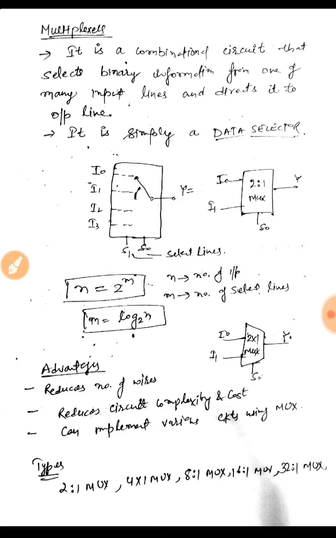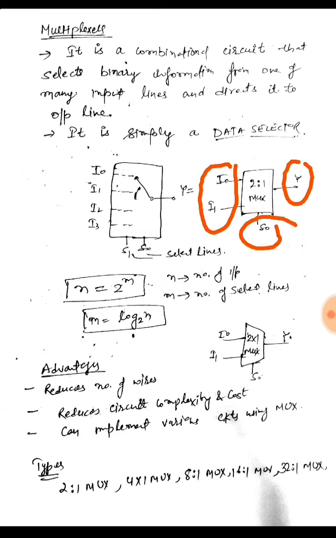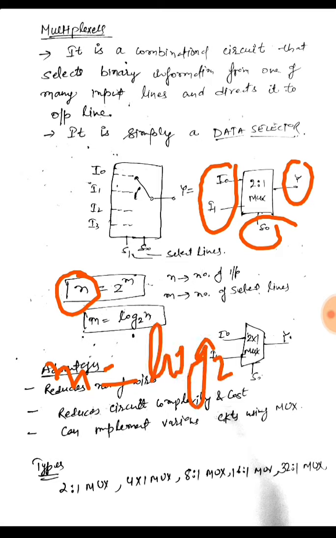Let's take, for example, a 2:1 mux, which has two inputs, one output and one select line. How will I find the number of select lines? If I have n number of inputs, then the number of select lines m can be found using m = log2(n), where n is the number of inputs.